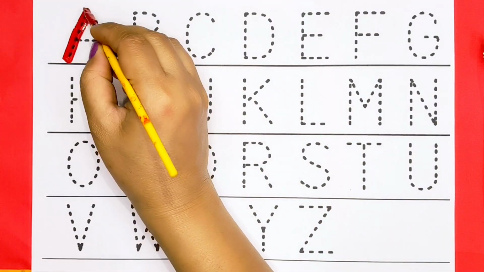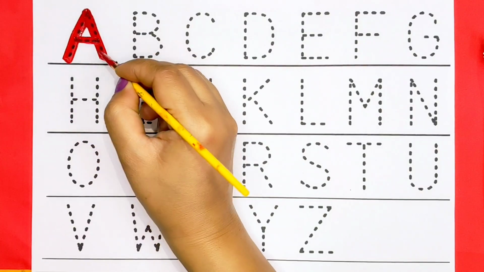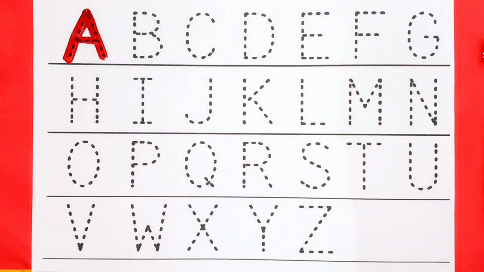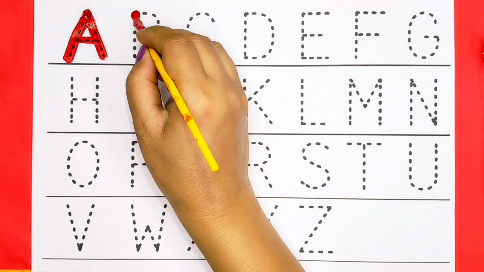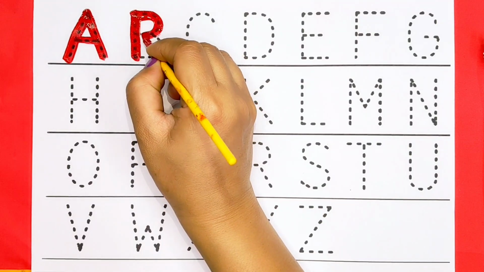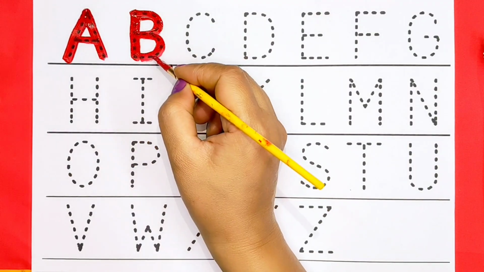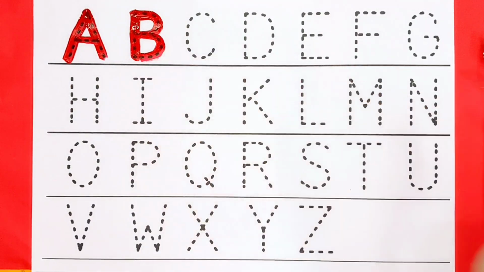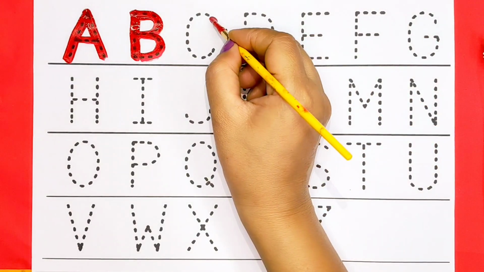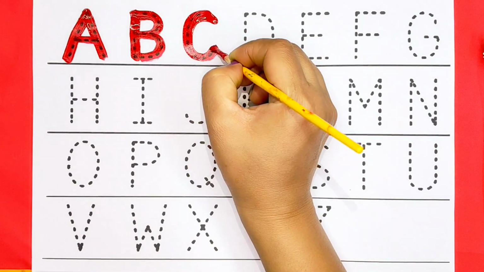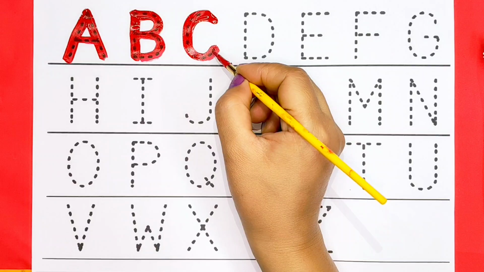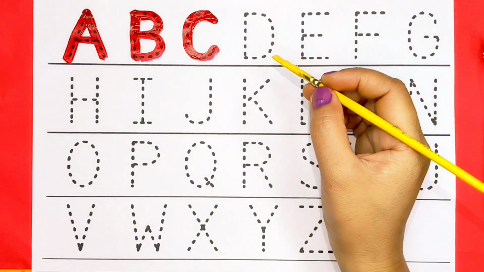Let's paint. Red color. A. A for apple. B. B for ball. C. C for cat. Yellow color.